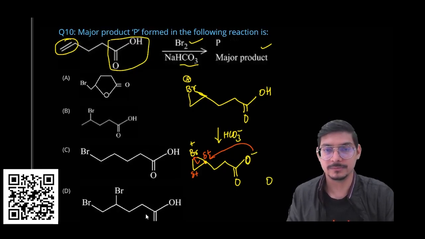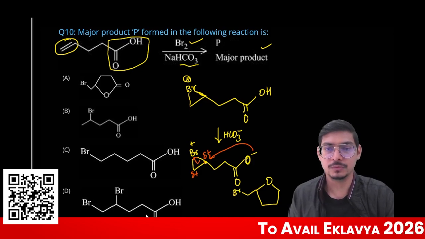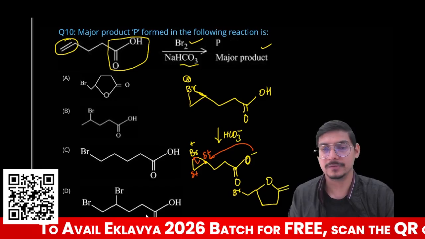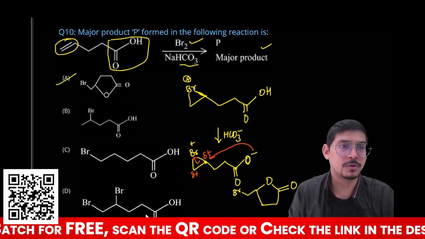And we get something like this. So this oxygen is joined to this carbon, and then on another side, we should have Br and two methylene groups CH2 here. And then on other side, we should have this carbonyl. So this should be the correct answer, which corresponds to option A.